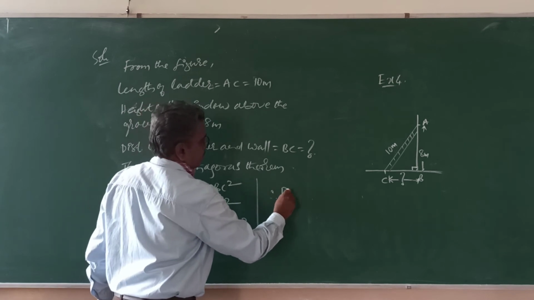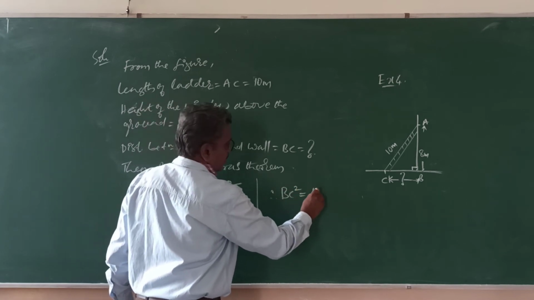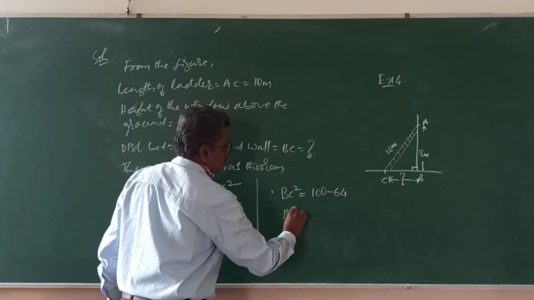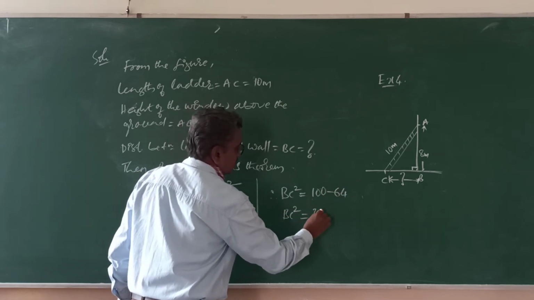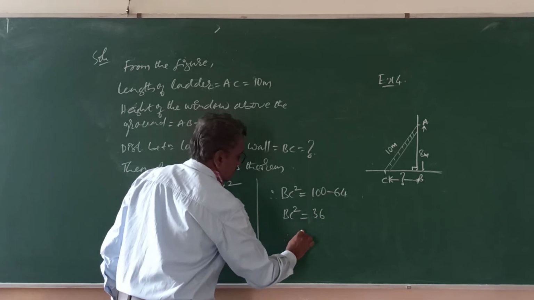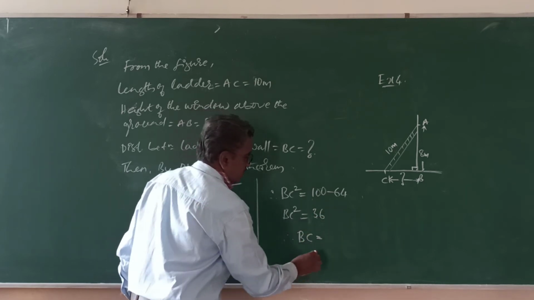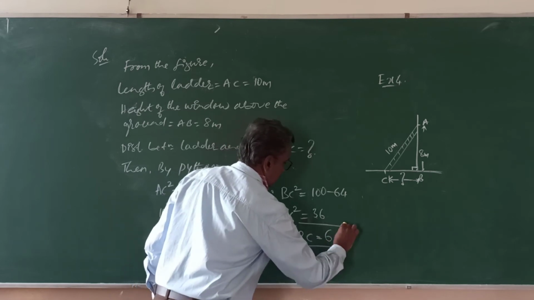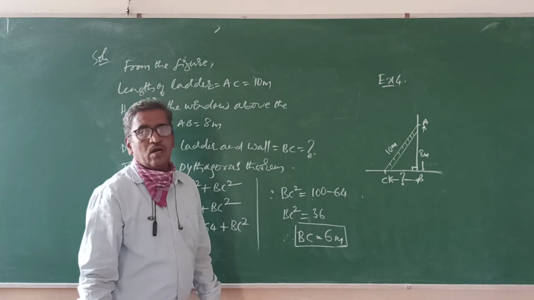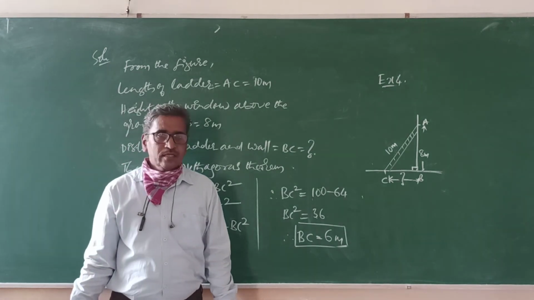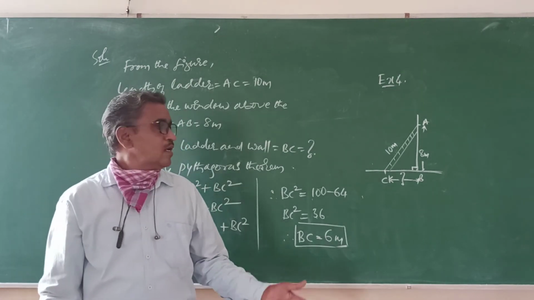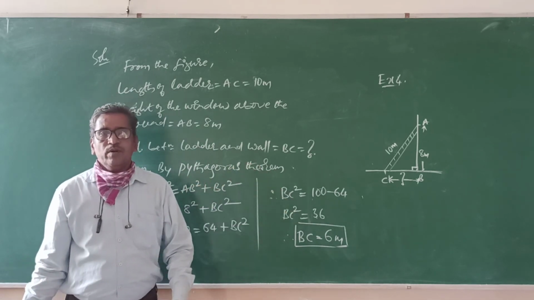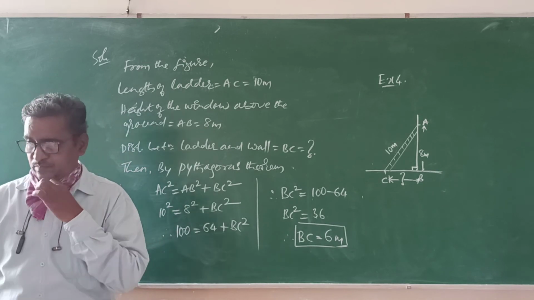Therefore, BC square is equal to 100 minus 64, which is 36. Therefore, BC equals square root of 36, which is 6 meter. It means the distance between the wall and the ladder is 6 meter. See, more examples I am going to show by applying Pythagoras theorem.